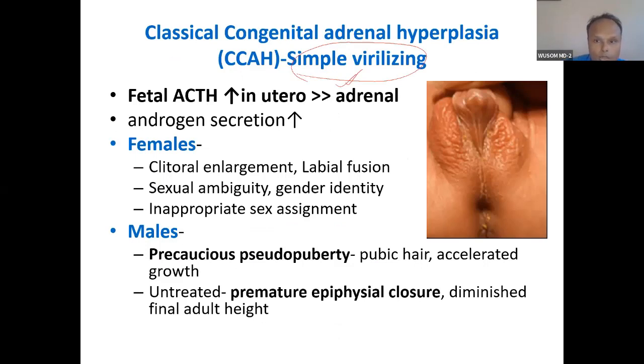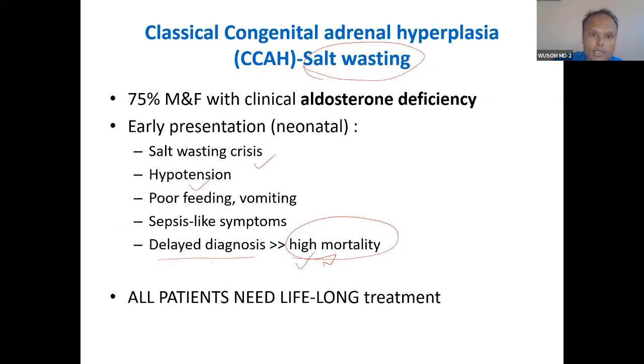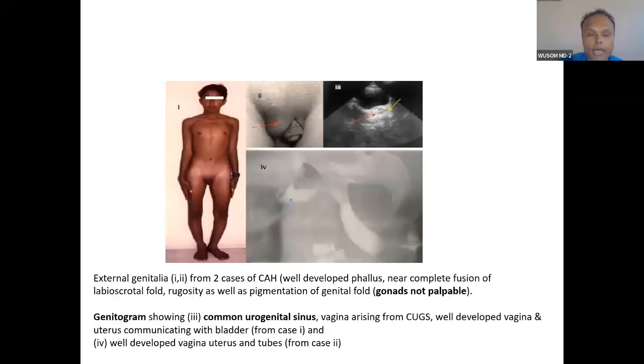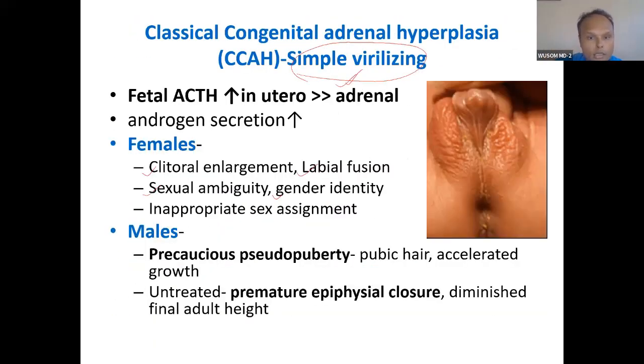Now this is the same case. So you can see congenital clitoris enlargement, labial fusion, sexual ambiguity, and this gender identity problem is there. So male grown as, you consider, you have seen the case. So she has predilection towards female sex, but she was grown as male. So you can see the gender conflict will be there.